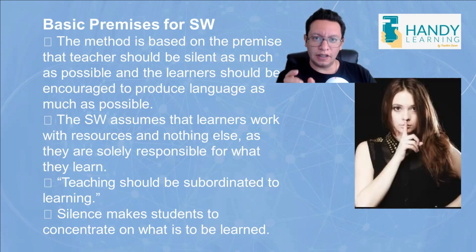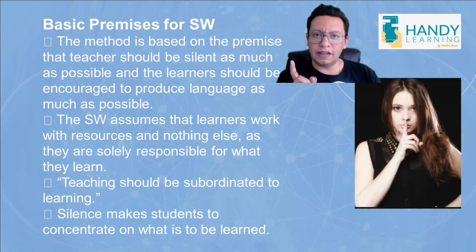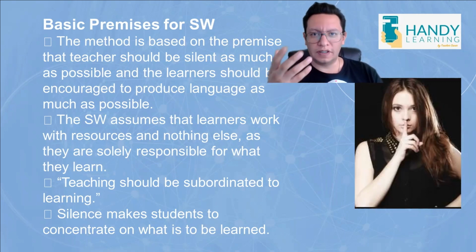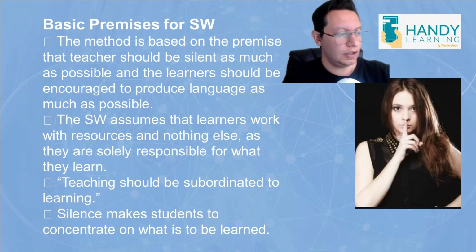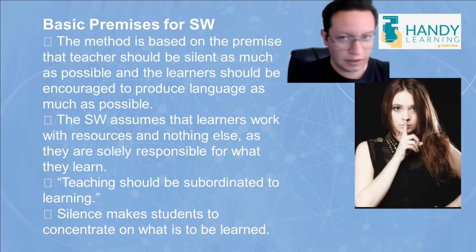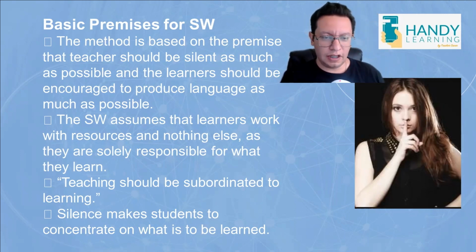One of the most recognizable and relevant techniques of the silent way is the technique called the Cuisenaire rod, meaning that the teacher is going to bring a series of colored sticks, and he's going to assign a sound, well, an item to each color. For example, if you want to teach pronunciation, you're going to have different colored sticks, and each color is going to have a sound.